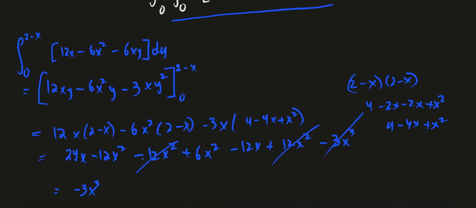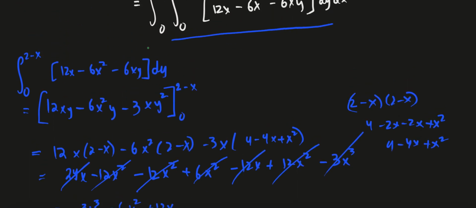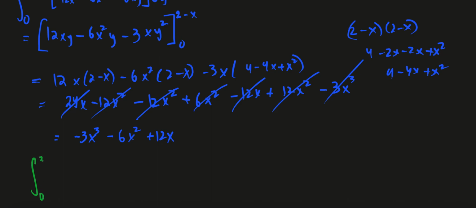And then we have 24x... negative 12x squared plus 6x squared is minus 6x squared. And then we have 24 minus 12, just plus 12x. And that's it. We take this now and we go here. So integral 0 to 2.